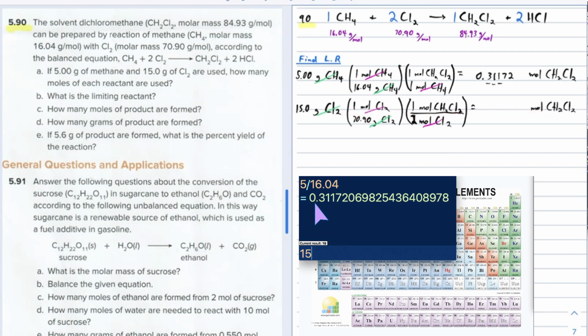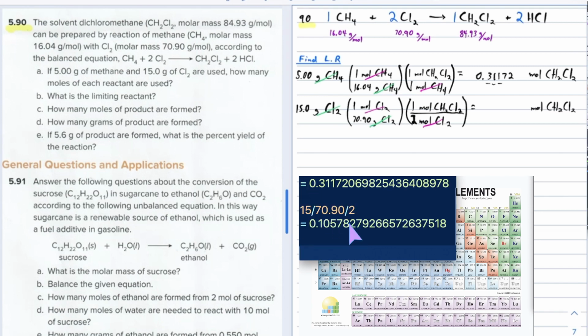So 15 over 70.9, and then divided by 2, and that'll give us 0.10578. So this will be a 3 sig fig answer again. But you see, comparing these two, it's the chlorine which is going to give us the lesser amount of product.